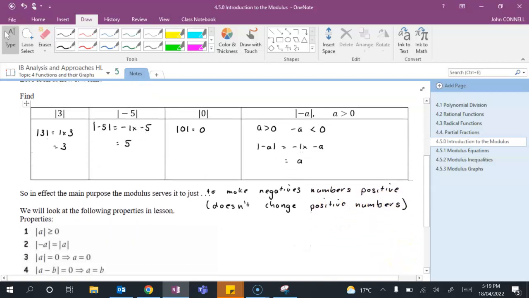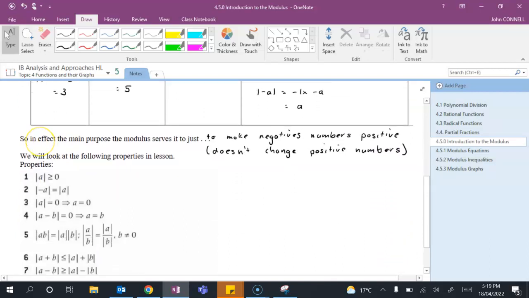Now, there's a bunch of properties about the modulus that we'll explore in lesson, and the particular ones that I want to explore is, well, that one we've already talked about. It makes negative numbers positive, and it doesn't change the positives, so any modulus will either be 0 or a positive number.